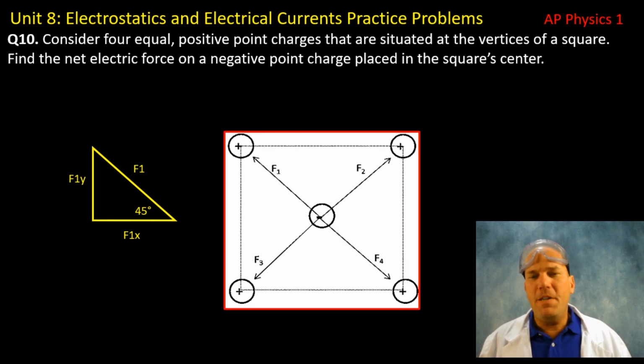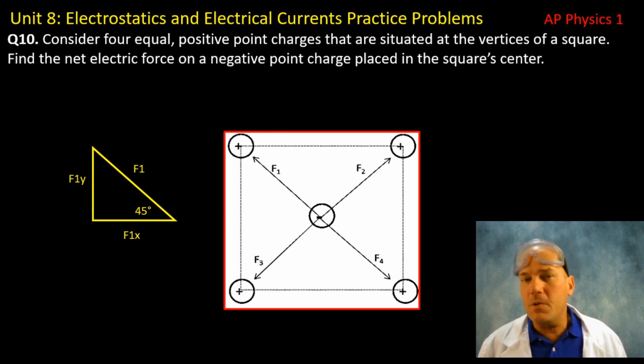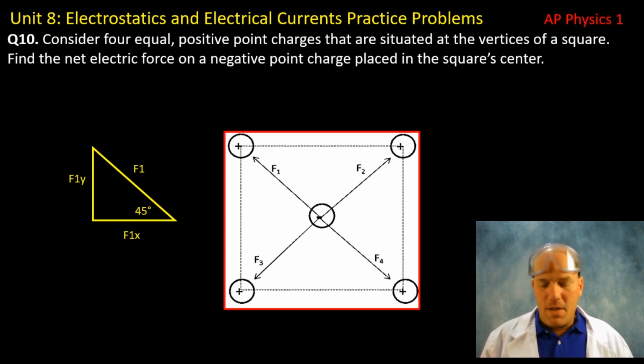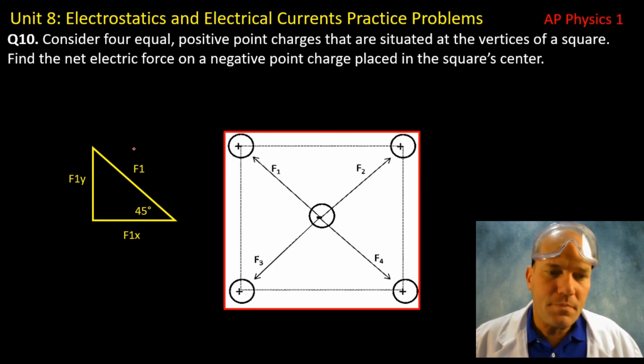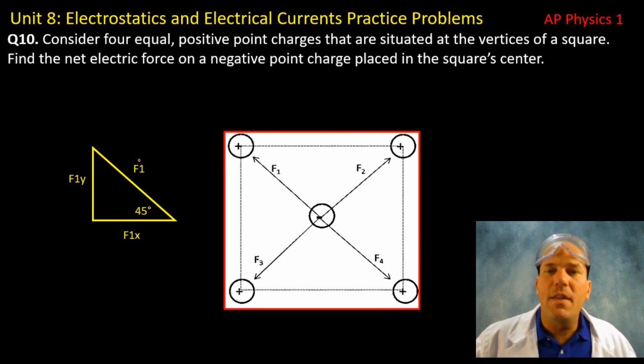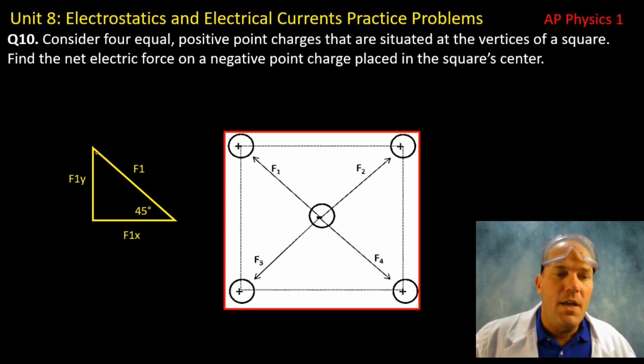So if we use vector addition here, we have our force 1, the vertical component of force 1, the horizontal component of force 1, and we have the overall resultant vector, okay? And in this case here, that vector is pointing this way, all right?